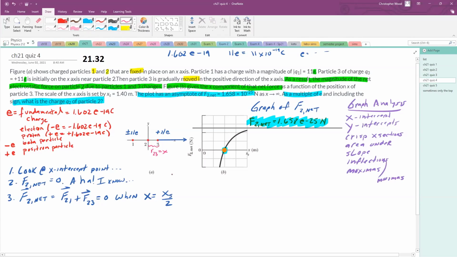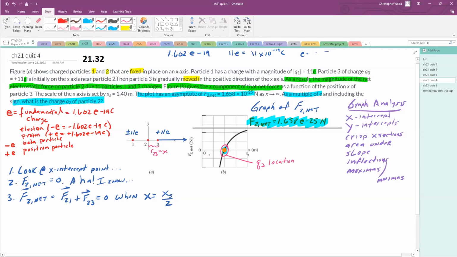All right, so when particle 3 is at this location right here, this is the Q3 location. When particle 3 is located precisely at that point, there is no net force on particle 2. What is that point? It's 1, 2, 3, 4 boxes.